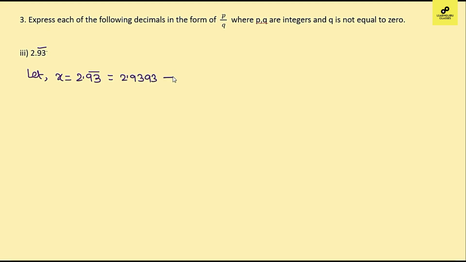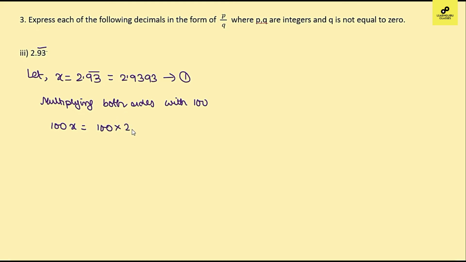Okay, call this equation 1. Now how many digits are under the bar? 2 digits. Since 2 digits are under the bar, you will multiply both sides by 100.